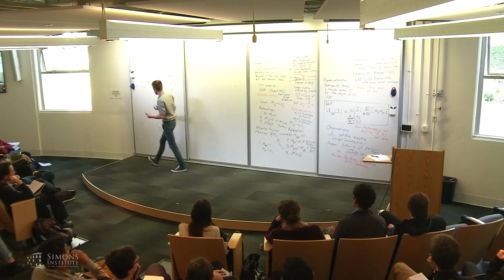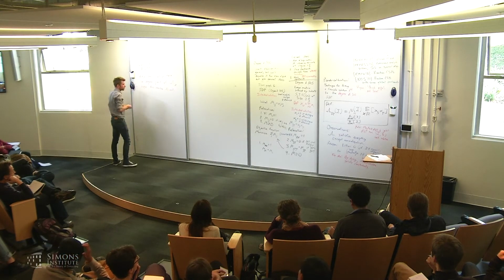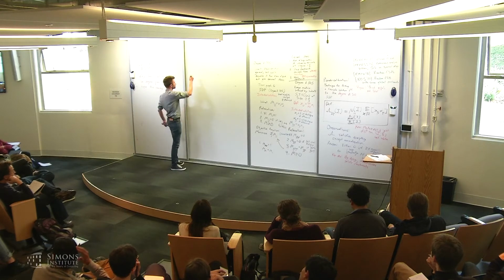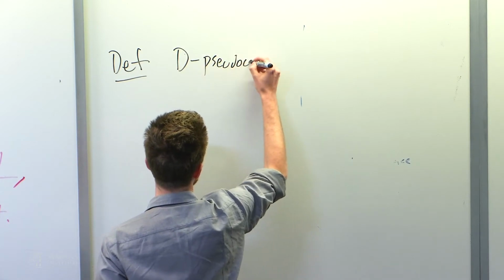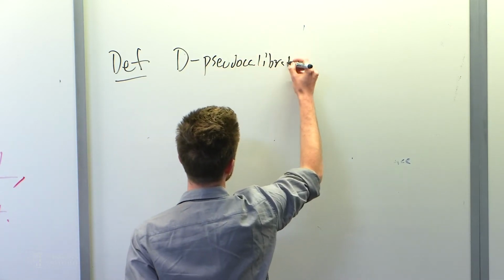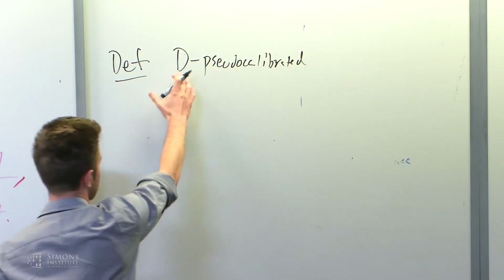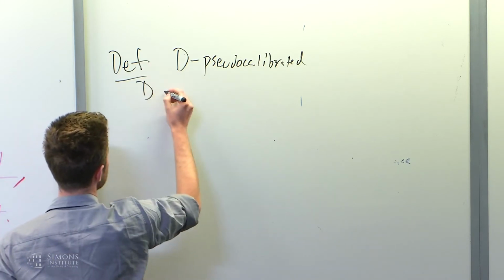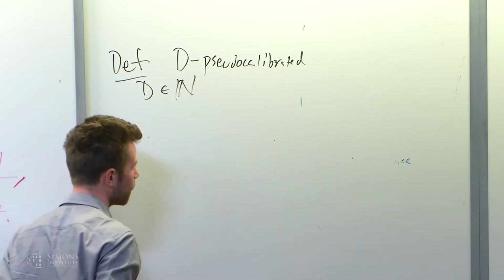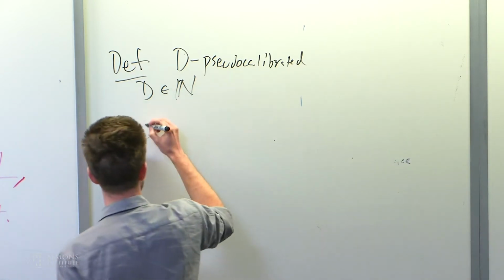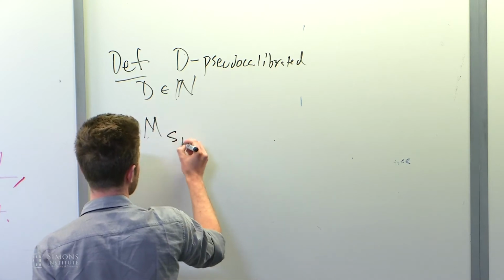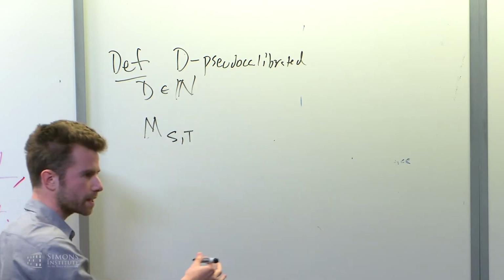So I'm going to do some fairly brief discussion of this. The pseudo-calibrated moment matrix comes with some parameter capital D. D is the degree of polynomials that we will project this function lambda to. It tells me a value for every one of the variables in my sum of squares SDP.